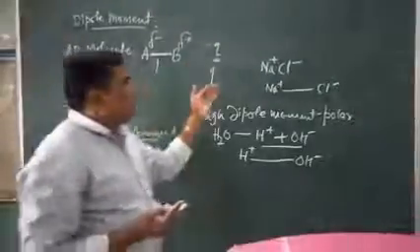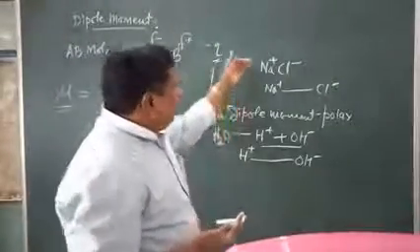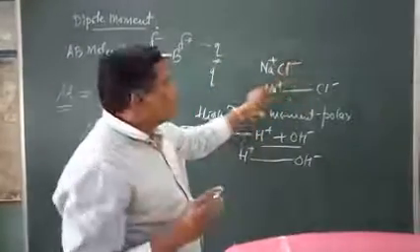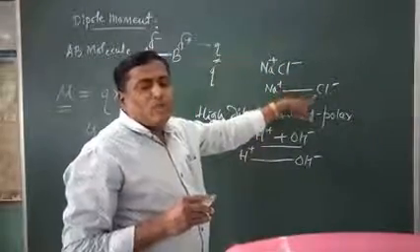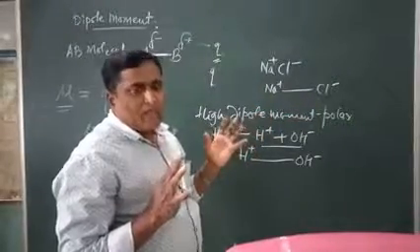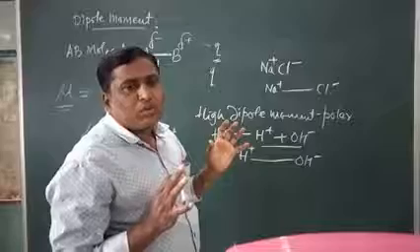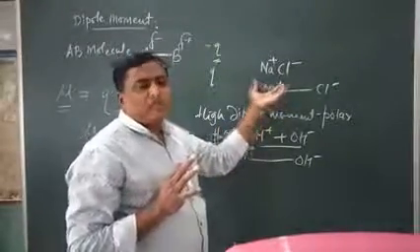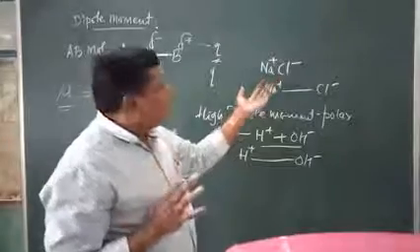I have given the example of NaCl, Na plus and Cl minus, two poles: one is positive, the second is negative. Both poles are attracted to each other by a strong electrostatic force of attraction, and hence the Coulombic force is present and a strong ionic bond is present.